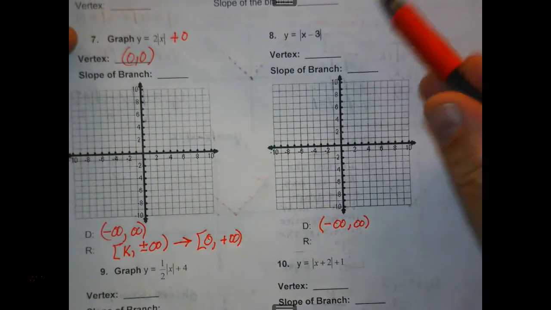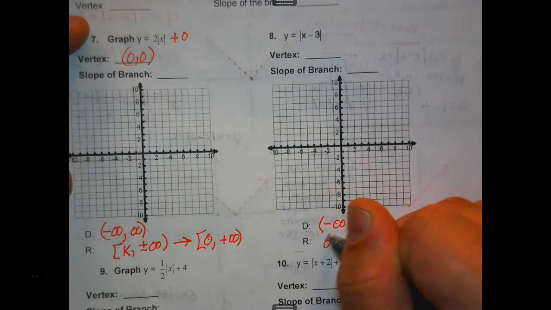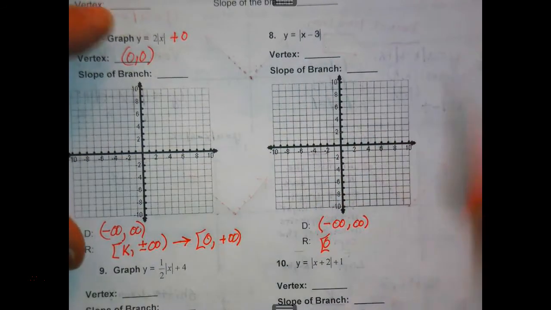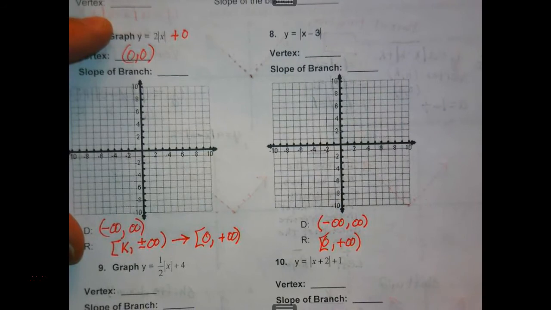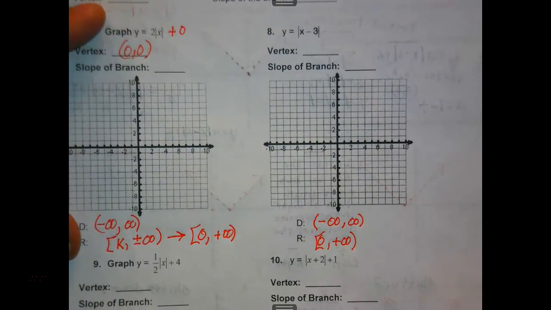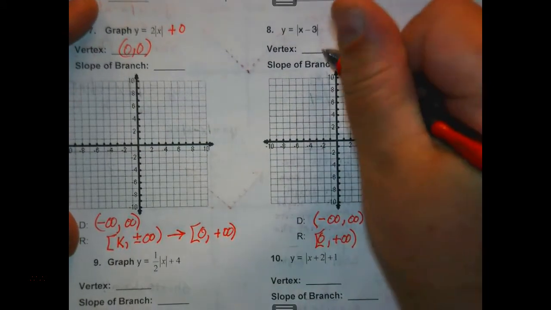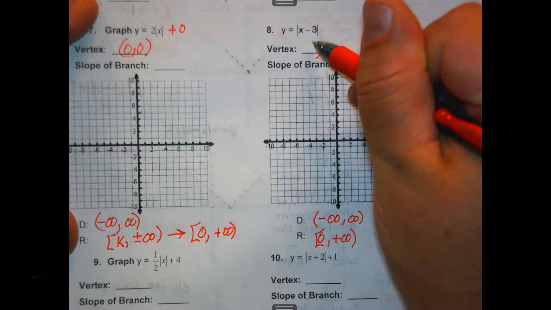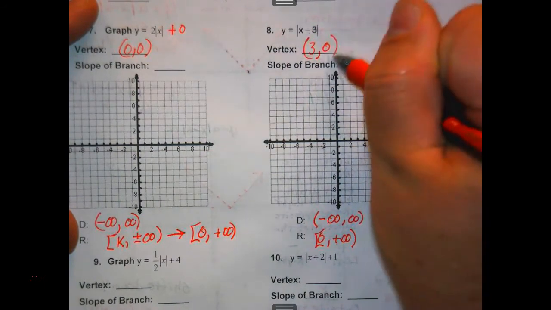What's my K here? 0. What's my A value? Negative or positive? Positive, so it's going to be positive infinity. I don't even have to draw the graph for these. What's my vertex here? Careful. What's my H? Opposite sign. Here's my vertex.